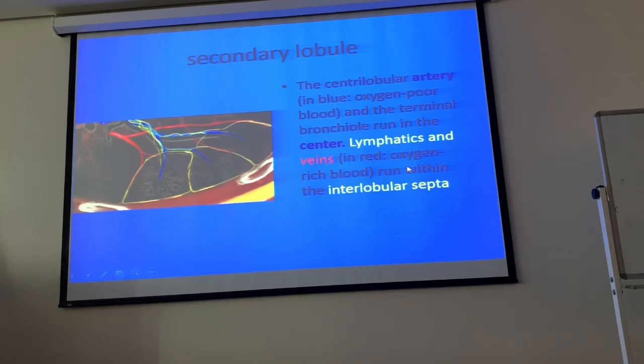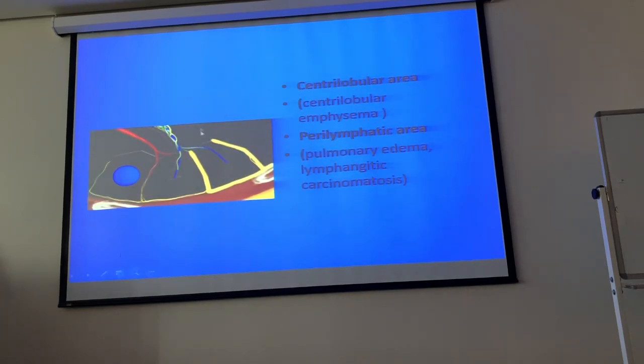So the vein is carrying oxygenated or deoxygenated blood? Oxygenated. And the artery is vice versa. So if the center of this lobule is affected, or emphysema is invading only this area, this will be called centrilobular emphysema. And centrilobular emphysema, where will it be: in the upper lobe, the lower lobe, or the middle? Upper lobe.